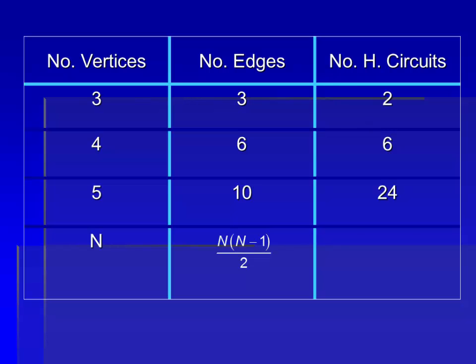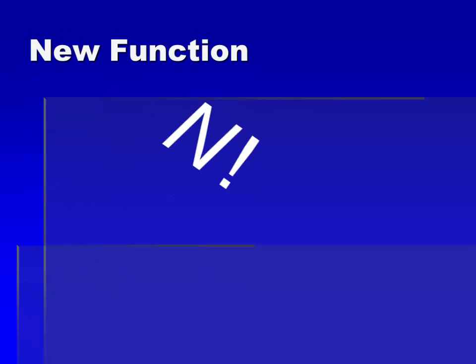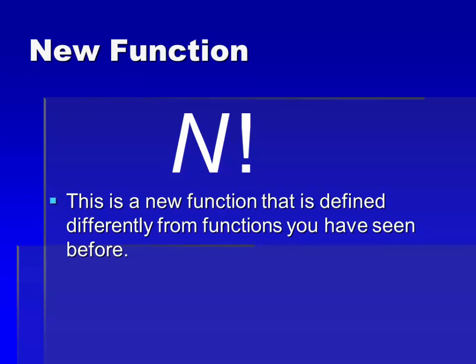For the number of circuits, we get n minus 1 factorial. Or, in the case of 5, 4 factorial. Well, this is a new function, and it's a very different function than what you've necessarily seen before. The functions we've had before, like x squared, square roots, those have formulas, and I can evaluate it for anything that I want to.